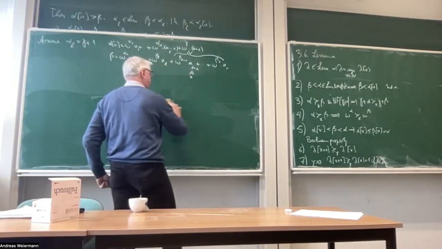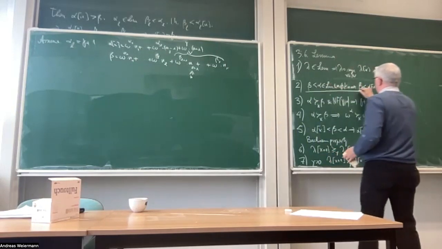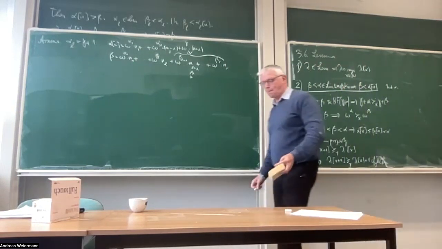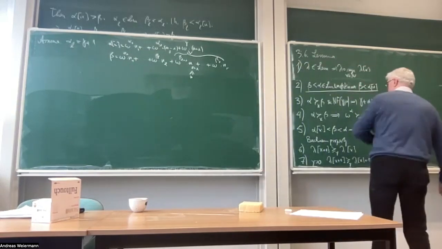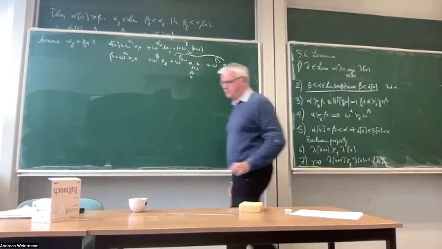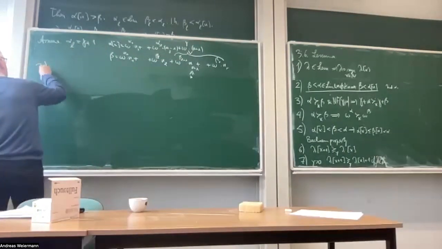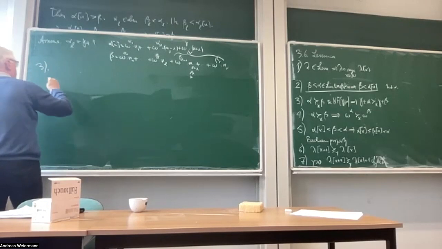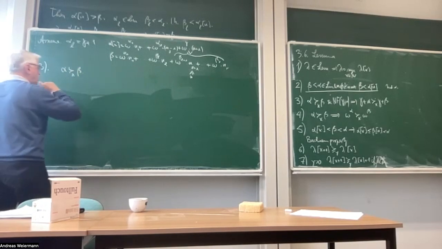Now, that was a difficult part. Now comes something easy, namely proof of 3. So what do we know? We have alpha steps down to beta. What does this mean?